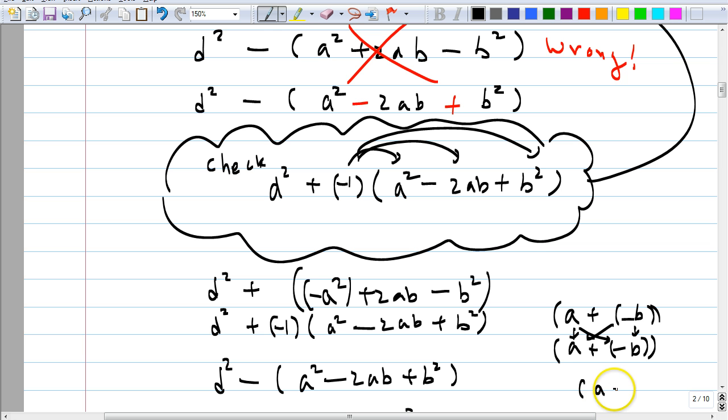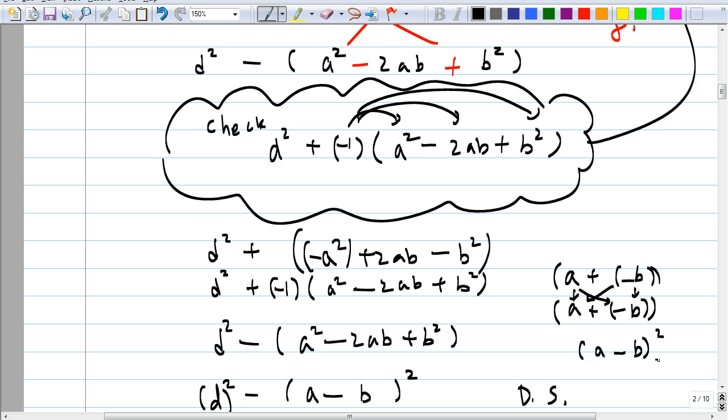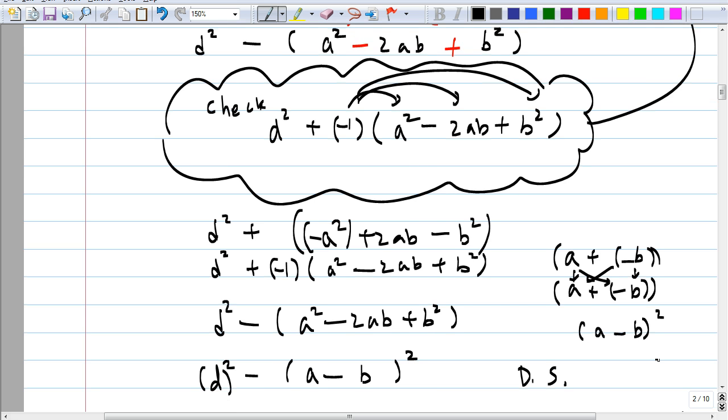What's your end result? a minus b times a minus b, right? Could I just write a minus b squared? Because we want to see that it's going to be a difference of squares, you see? Does that make sense? That's why we like this perfect square trinomial, right? Because then it leads us to the difference of squares.